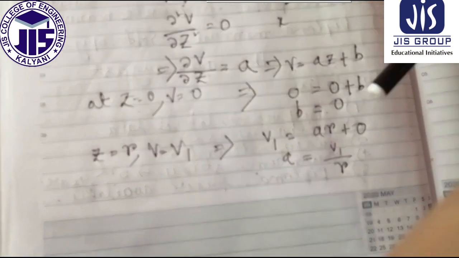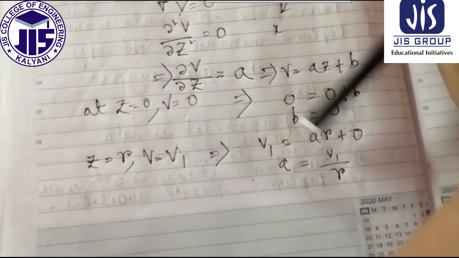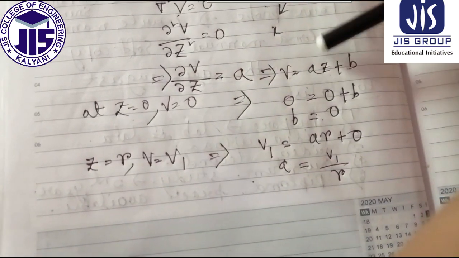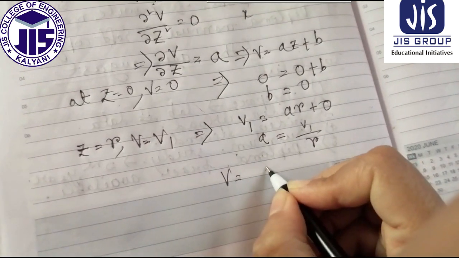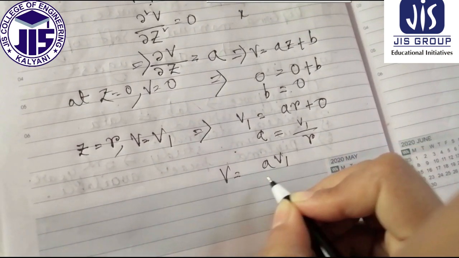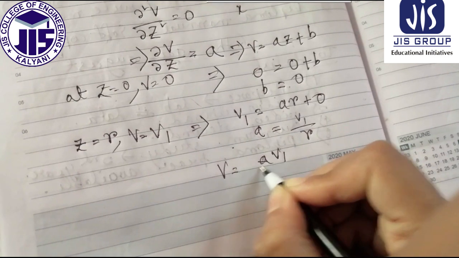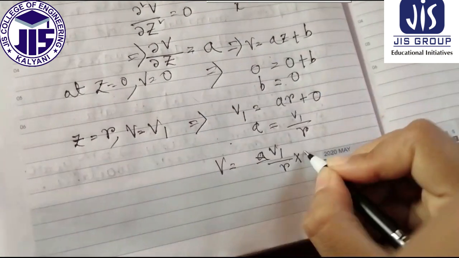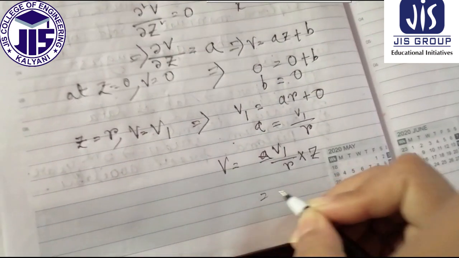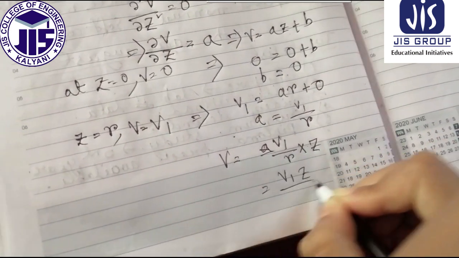So finally, if we put the expression of a and b over here, then what we are getting? V equal to a z, instead of a we can put here V1 by r, so V equal to V1 z by r.